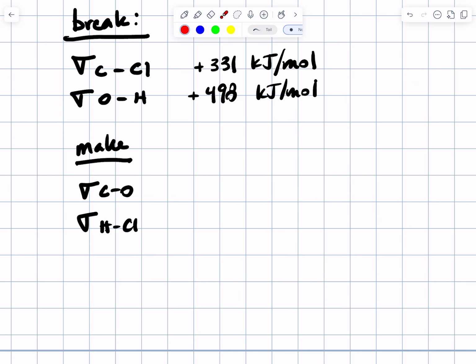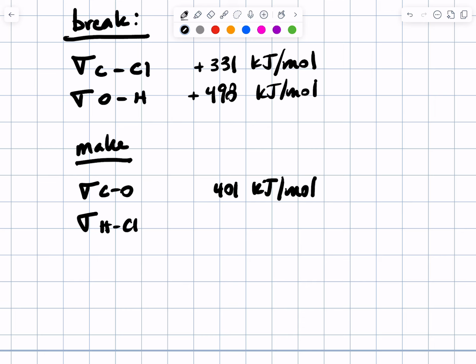Now, if we look at a carbon-oxygen bond, we need to figure out how much energy is released when we make a carbon-oxygen bond. The bond dissociation enthalpy for carbon-oxygen is 401 kilojoules per mole. But should this number be positive or negative?